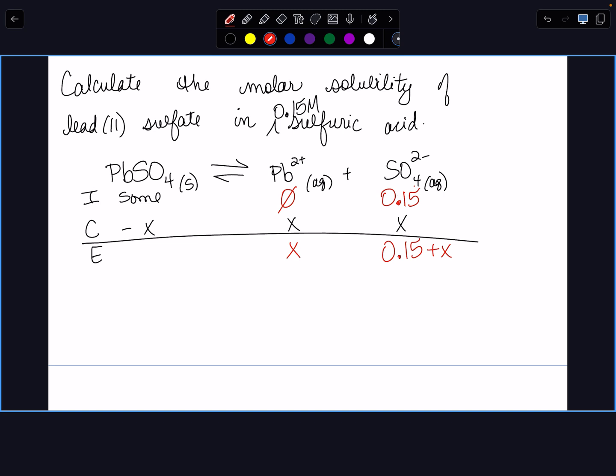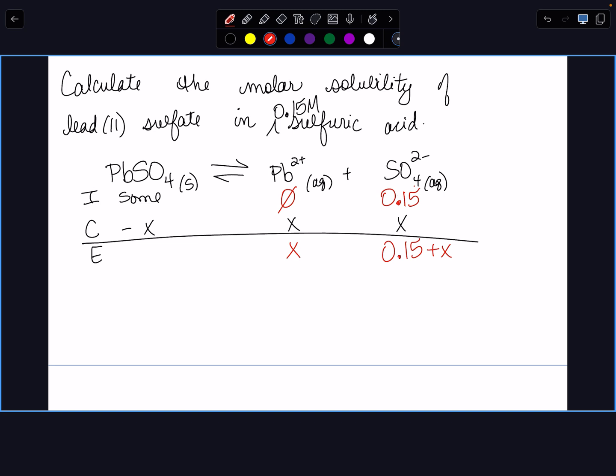It's really a Le Chatelier's principle thing. If you start out initially with no sulfate, the equilibrium is going to be pushed to the product side. But if I start out with some sulfate there, the equilibrium is going to shift back to the reactant side. Not as much would dissolve.